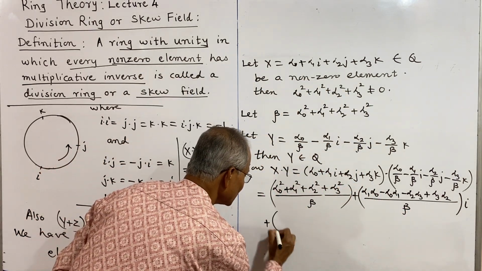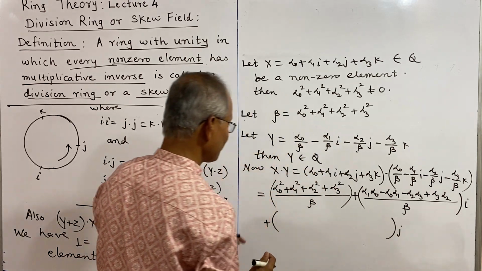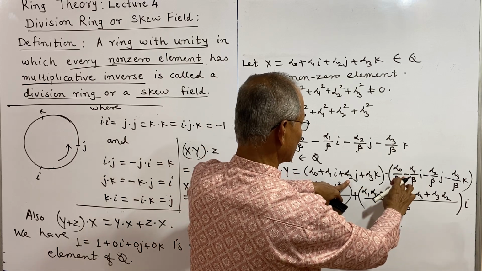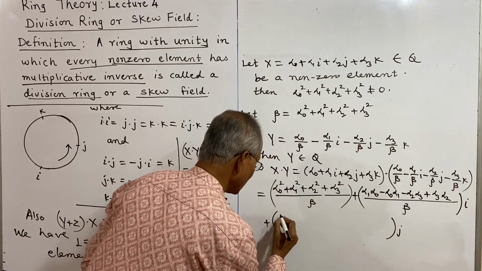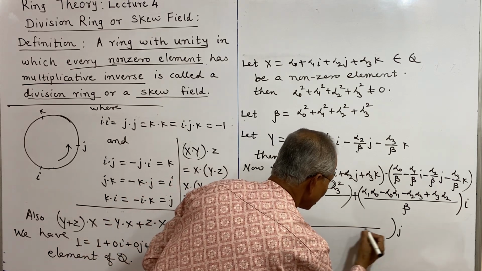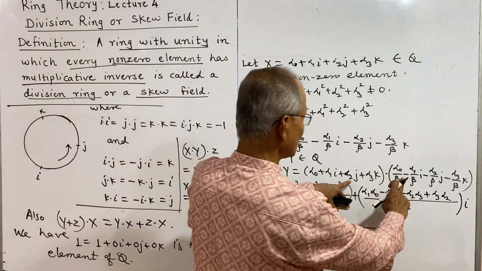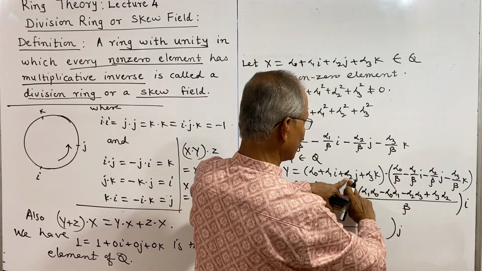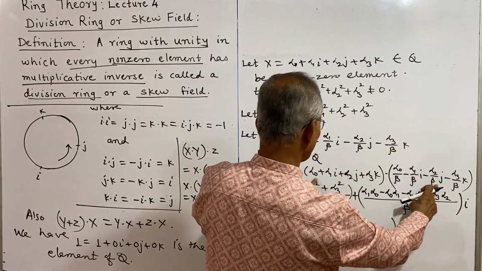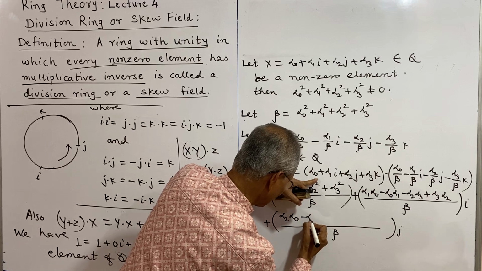And what about the j component? I shall write here the j component, and the j component is alpha 2 alpha naught divided by beta. So alpha 2 alpha naught and divided by beta is common, and you see alpha 2 alpha naught j component now, that is alpha naught alpha 2 with negative sign, minus alpha naught alpha 2.